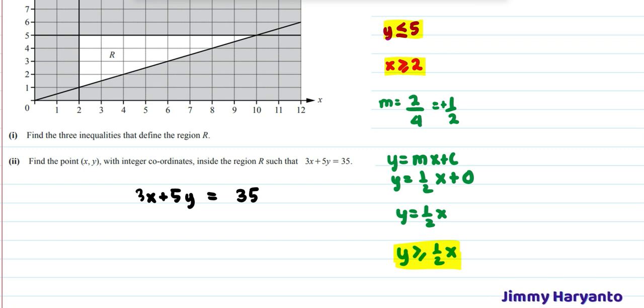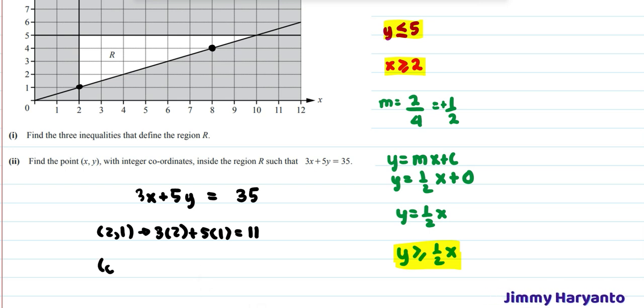So let's start from this point, maybe 2,1, because 2,1 is inside the region, we can use it. So for this one, you have 3 times 2 and then 5 times 1, it's equal to 11, still far away from 35. So let's move to, let's say, this point at 8,4.